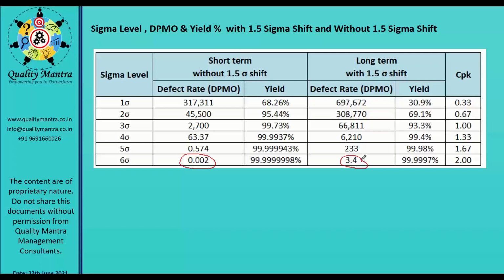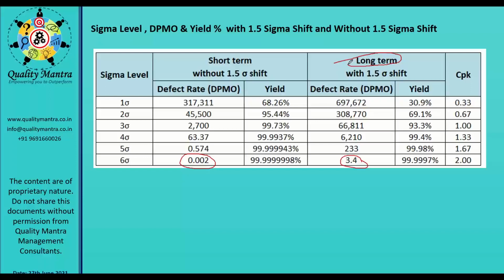Why so? Because for the long term the process normally shifts 1.5 sigma. There is a tendency of the process to deviate. In a small period of time, you can get a higher sigma value, but over a longer period of time, the process naturally deteriorates. That's why we have to consider 1.5 sigma shift.